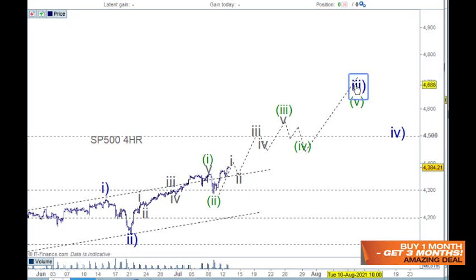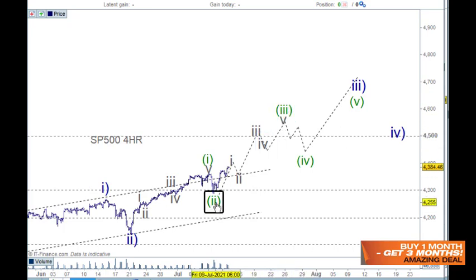Between wave 2 and wave 3 here, we're also looking for 5 waves of a smaller degree. So in green here, wave 1 and 2, and then 1, 2, 3, 4 and 5 for wave 3, and then wave 4, and of course wave 5. Currently we're in the lower end of green wave 2, going up to green wave 3 here.